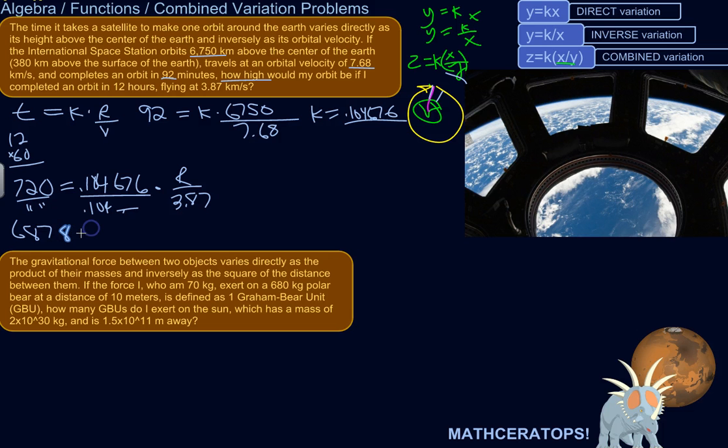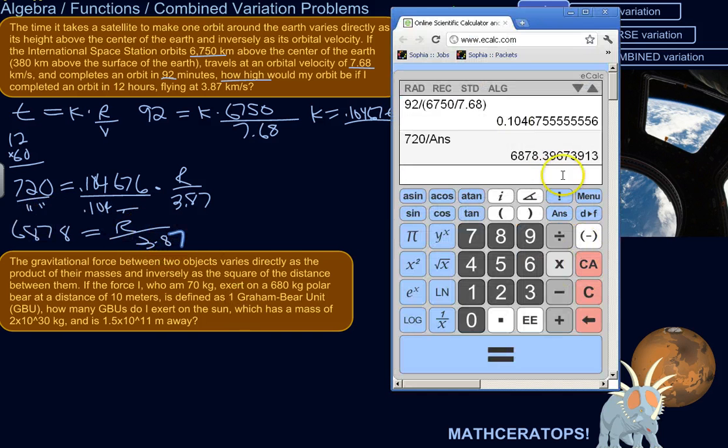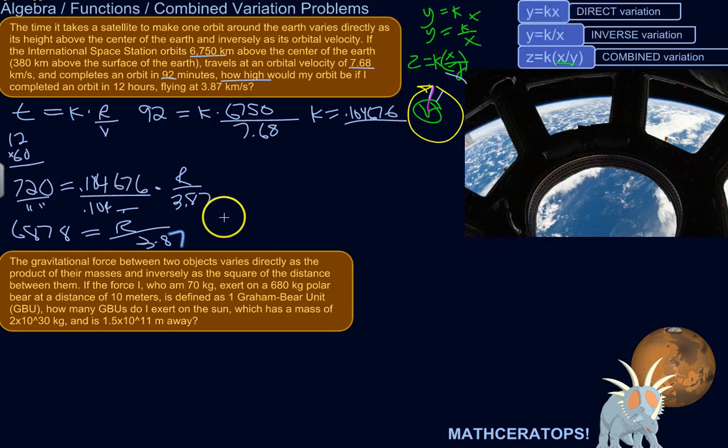And that is equal to my radius, my distance away from the center of the Earth, over my orbital velocity. So now I can multiply both sides of the equation by 3.87. So I'm just going to multiply what I got from the last calculation by 3.87. So my radius is 26,619 kilometers. Okay.